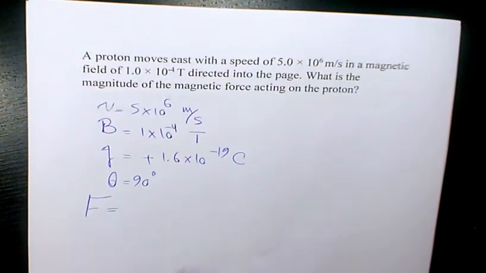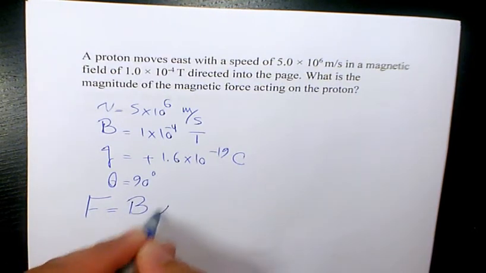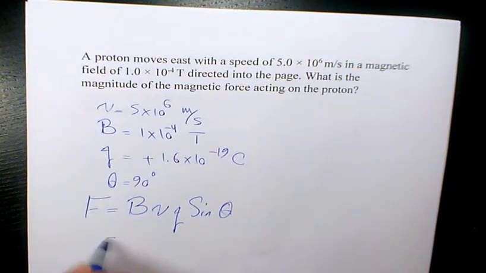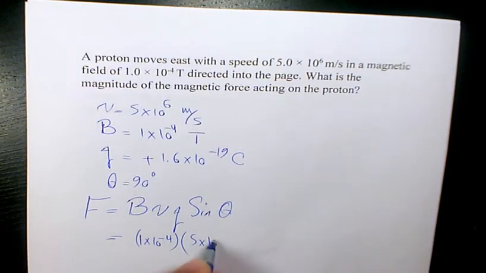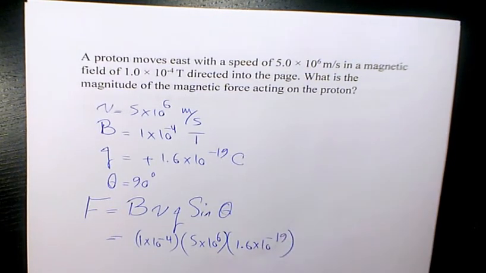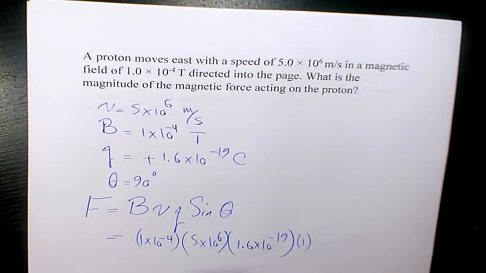Formula for finding magnetic force is B V Q sine theta. That will be 1 times 10 to the power of negative 4. V is 5 times 10 to the power of 6. Q is 1.6 times 10 to the power of negative 19. Sine 90 is 1.